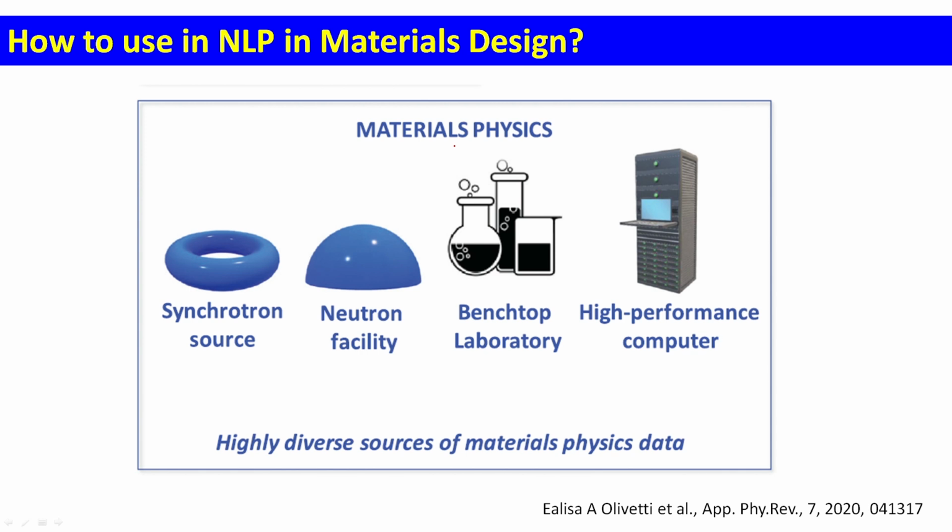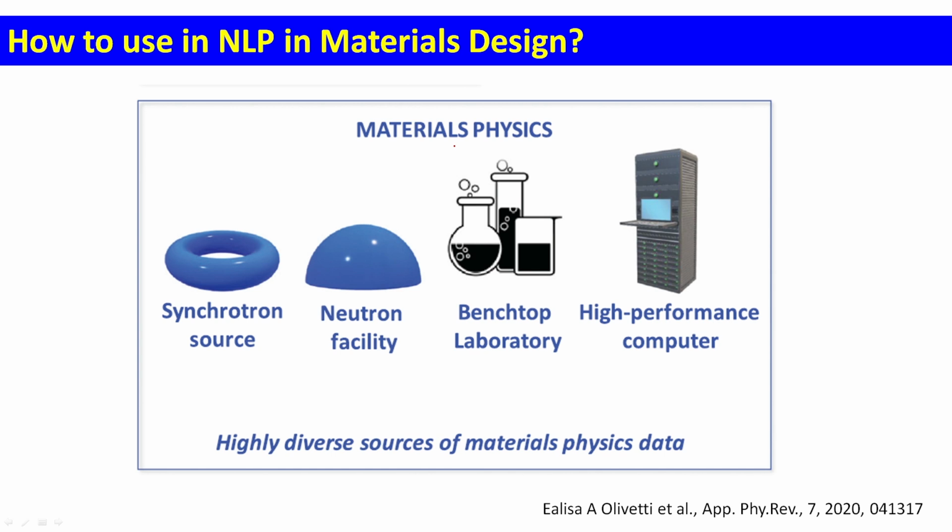If you want to extract information from these publications, because you cannot access the neutron diffraction database from there, you can only access the information from the published literature. How do you do that? That is why NLP can be used very widely.